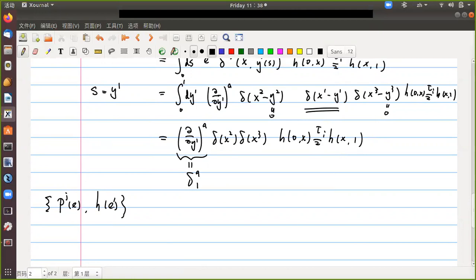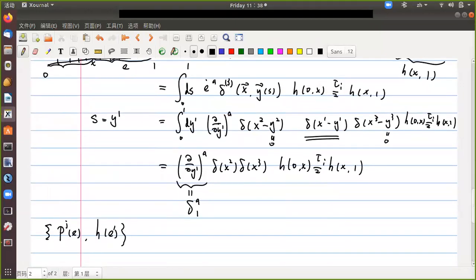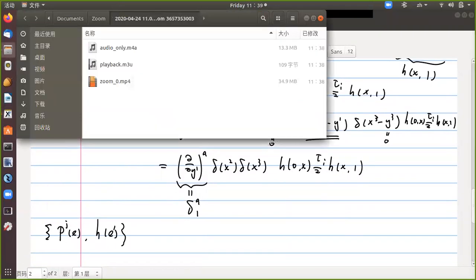Well, if these two edges are different, then you don't have any contribution, because they depend on completely different sets of fields.